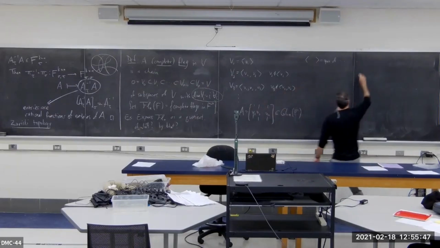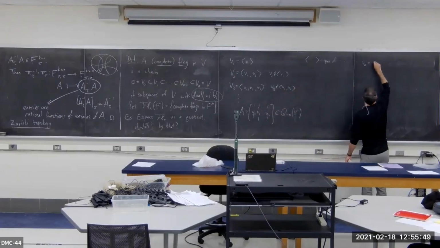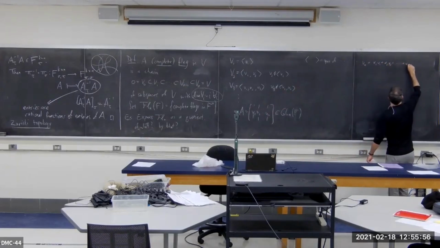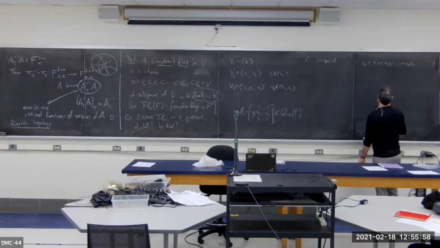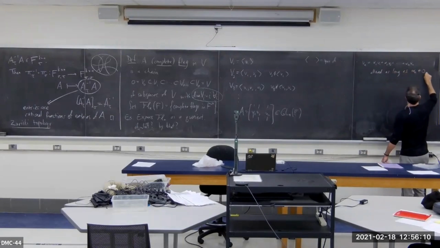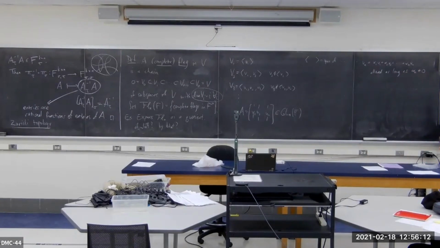Right, so Vn can be alpha 1 V1 plus alpha 2 V2 plus dot dot dot plus alpha n Vn, arbitrary, as long as alpha n is non-zero. Because if alpha n were 0, then Vn would lie in the span of the previous ones.